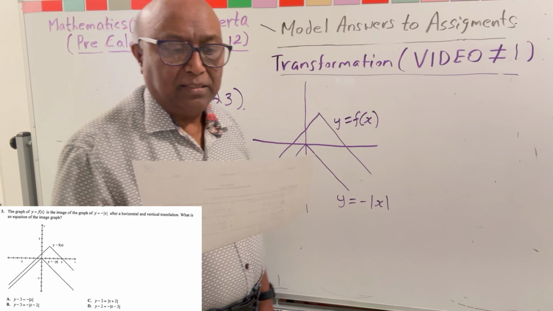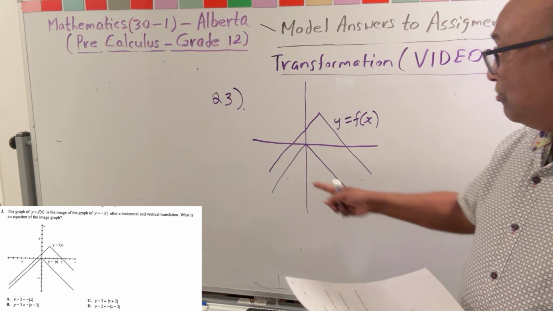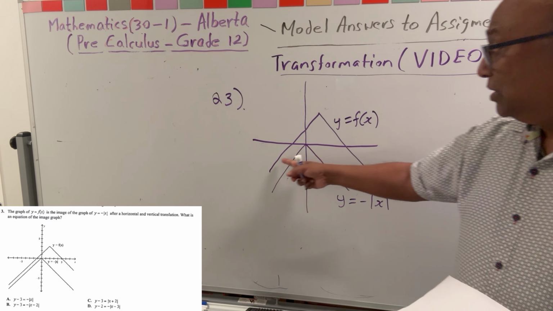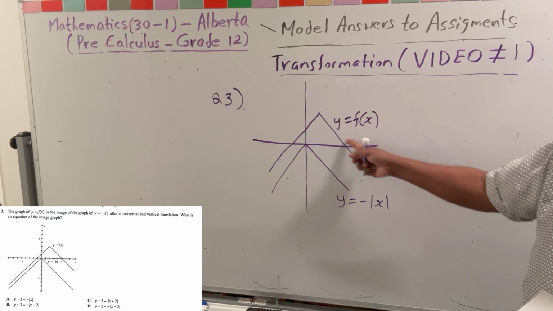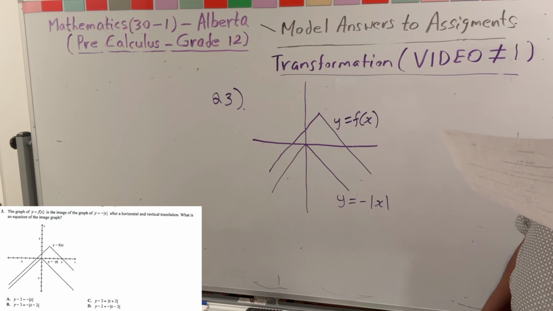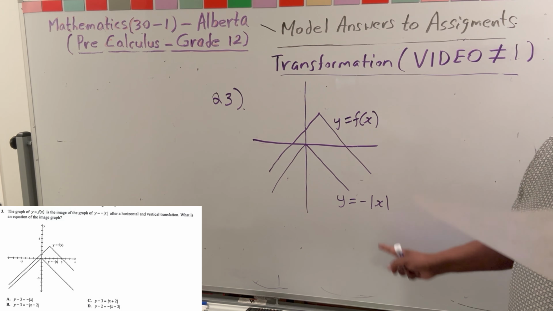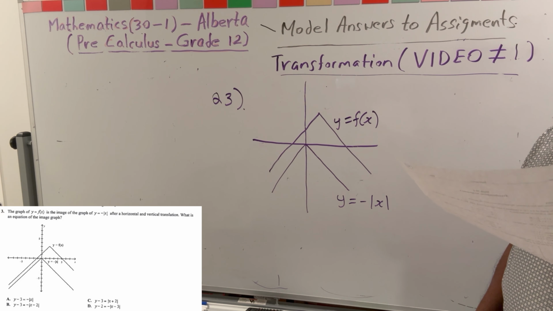The question says the graph of y equals f of x is the image, okay, not the original function. The graph of y equals f of x is the image of the graph of y equals minus absolute value x after horizontal and vertical translation.